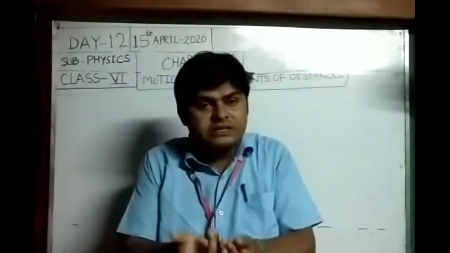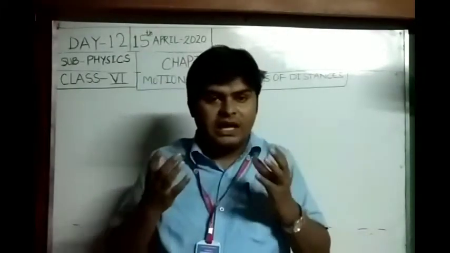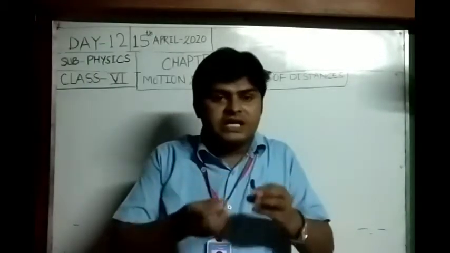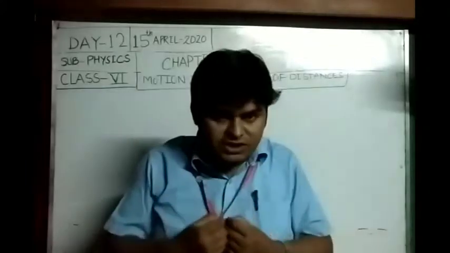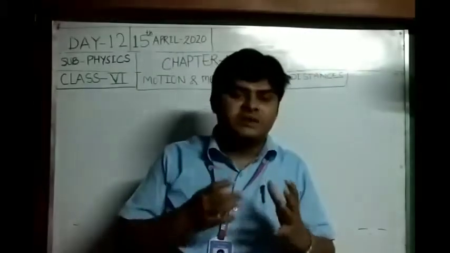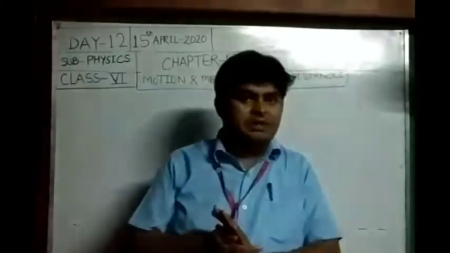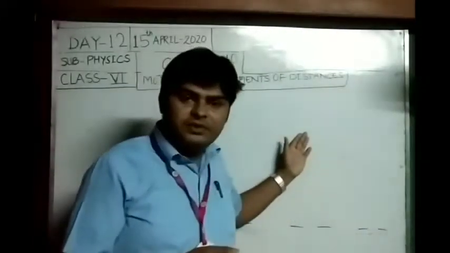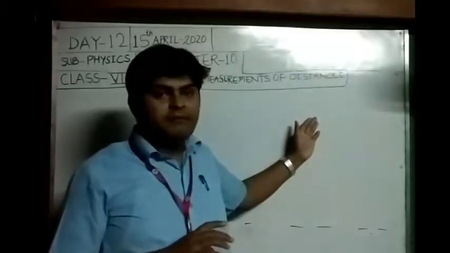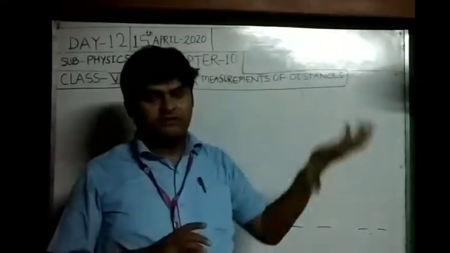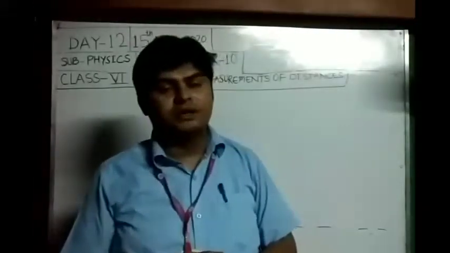The definition is just like that of rest. A body is said to be stationary when it does not change its position with respect to time, with respect to surroundings. As for example, this whiteboard is said to be at rest when compared with the wall of the room.